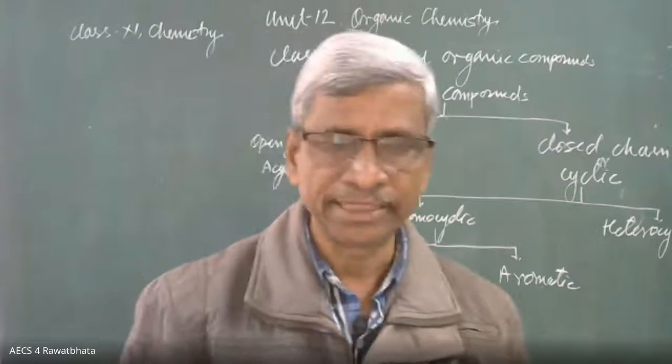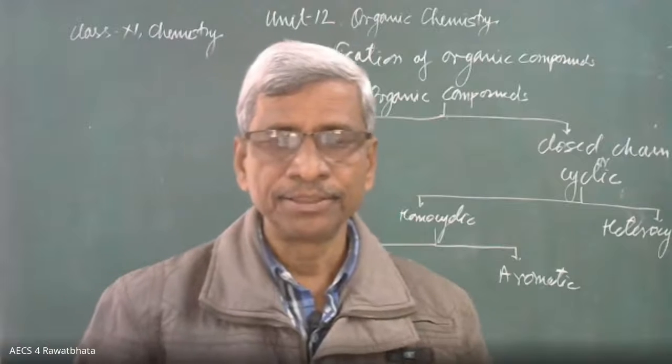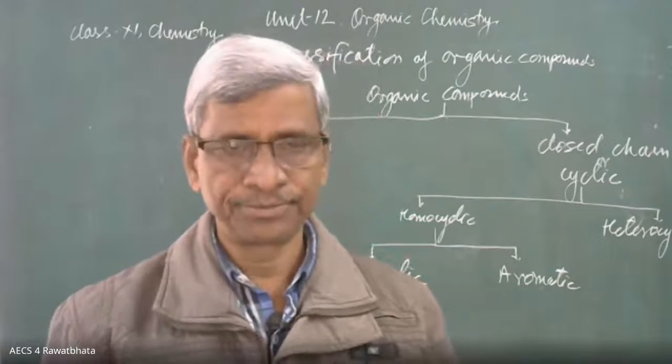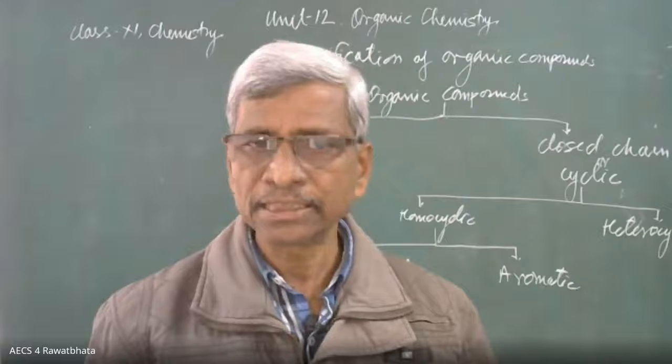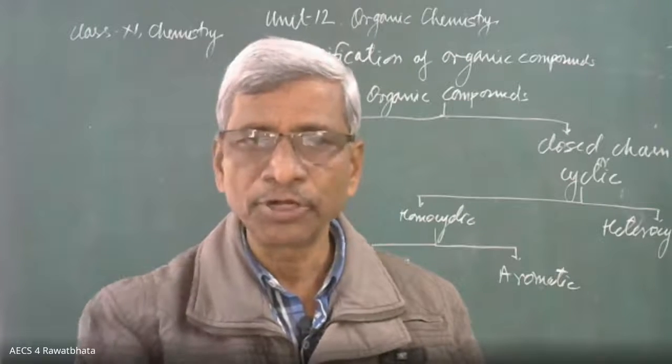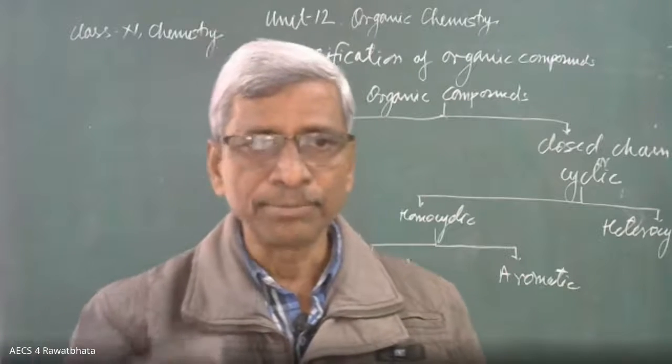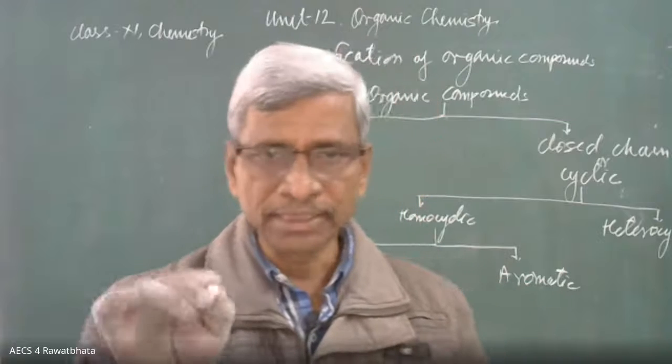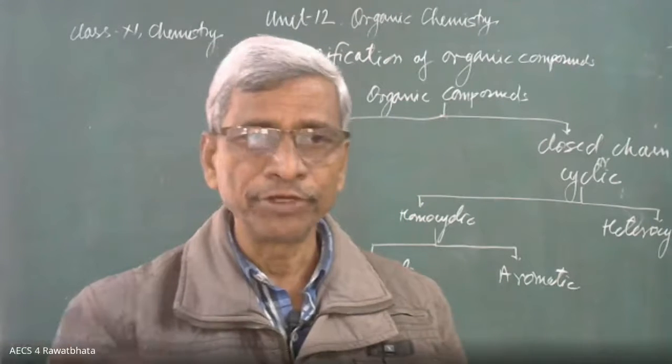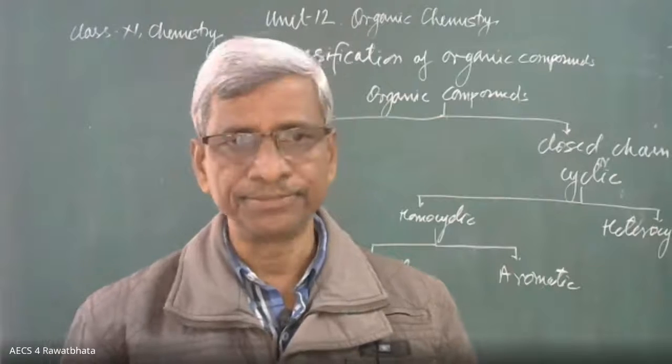Like cyclobutane, cyclopropane, this is a cyclic compound, but this is not aromatic. Aromatic compounds are those where a benzene ring is present and a functional group is attached to the benzene ring.